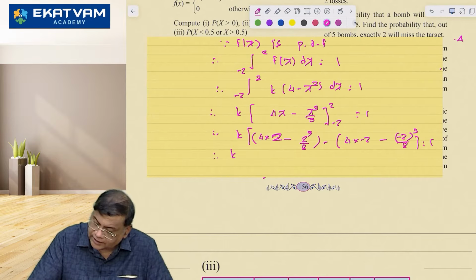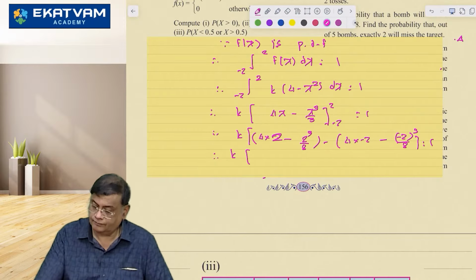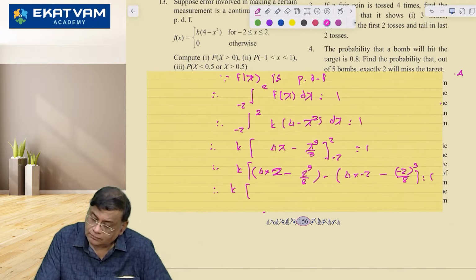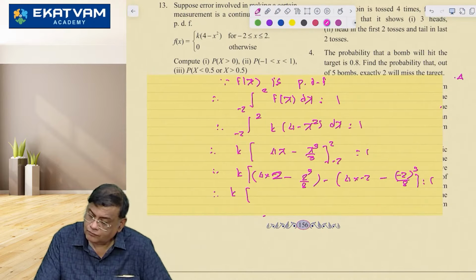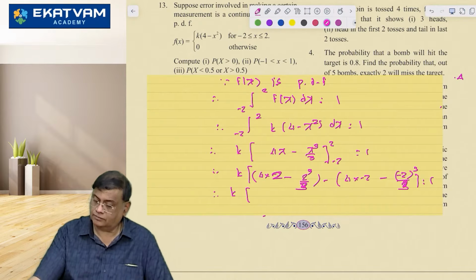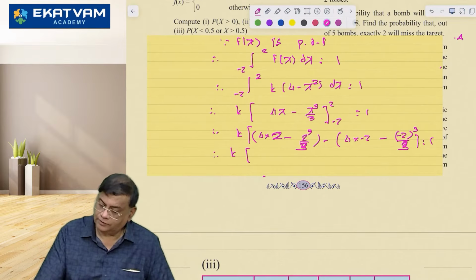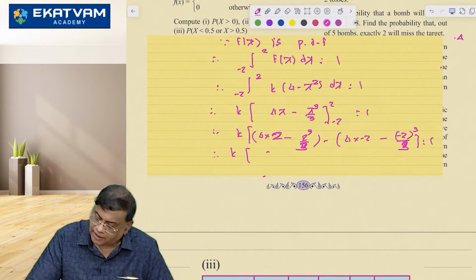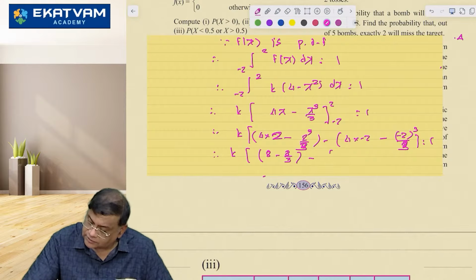Therefore k, it should be 3 by 32. What? What is 2 cube? Only 8. Over 3, from minus 2 to 2. Understood? So what will it be? 8 minus 8 by 3, 8 minus 8 by 3 minus 8 minus plus 8 by 3, correct?